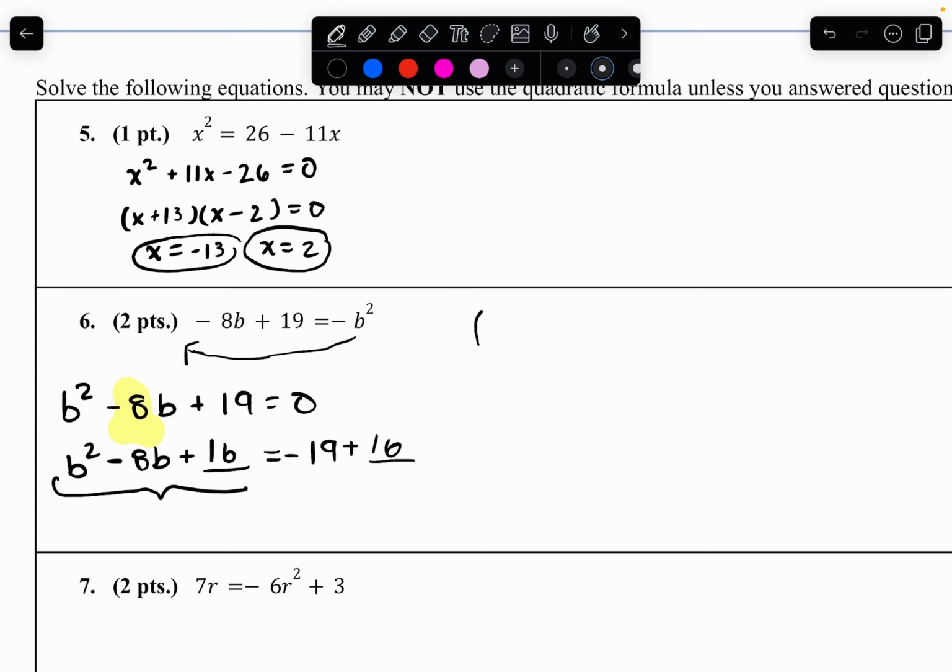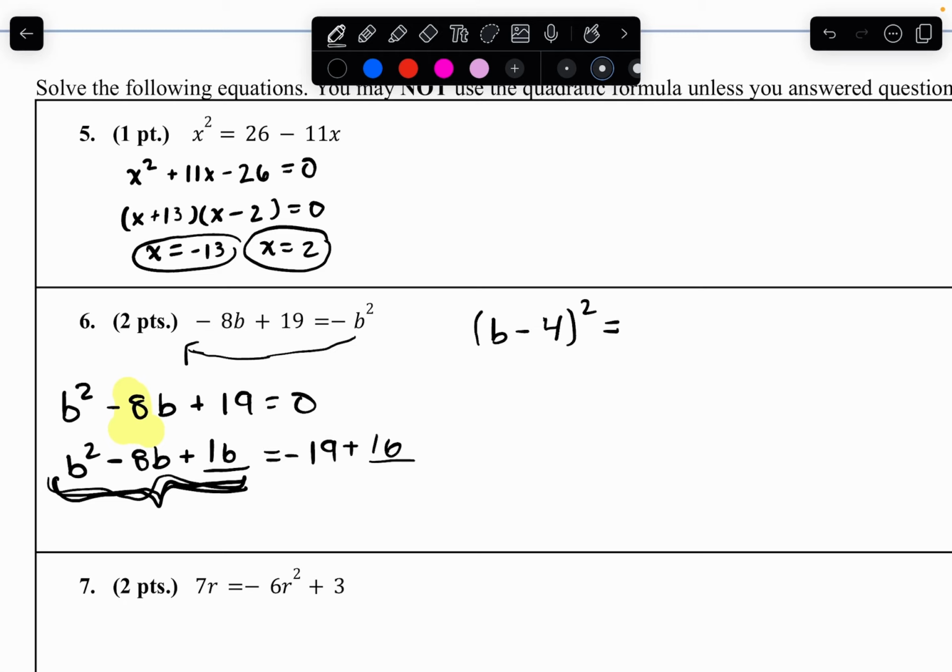Okay, the factored form of this perfect square trinomial: what two numbers multiplied together give you 16 and added together give you negative 8? That would be b minus 4 times b minus 4, or b minus 4 squared.